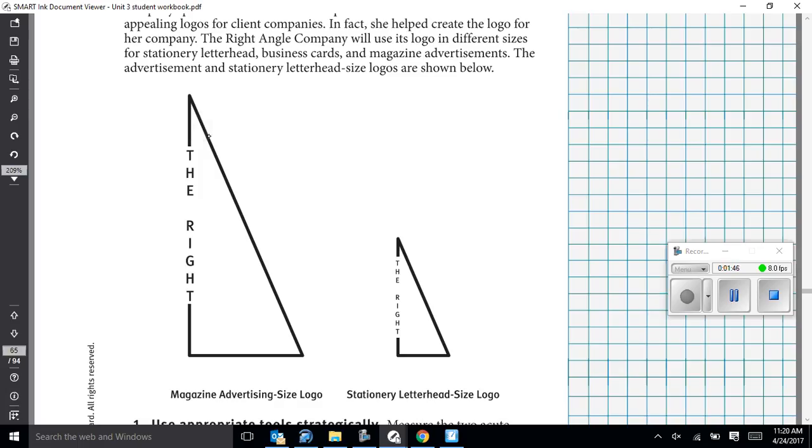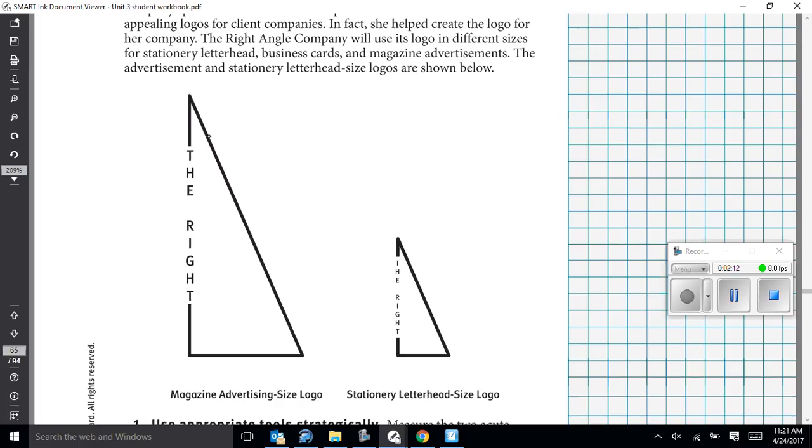Obviously, the sides aren't equal, but they're going to be proportional. These look similar. In order to prove that they were similar, what would we have to do to the sides? We would have to set up the ratios, the proportions, to show that corresponding sides were in fact proportional.